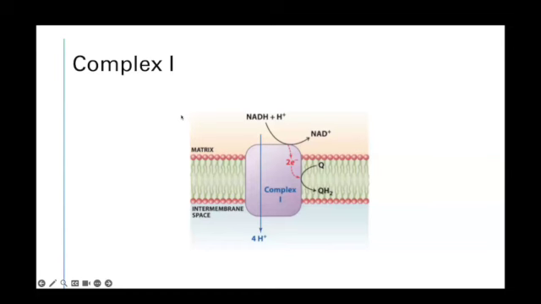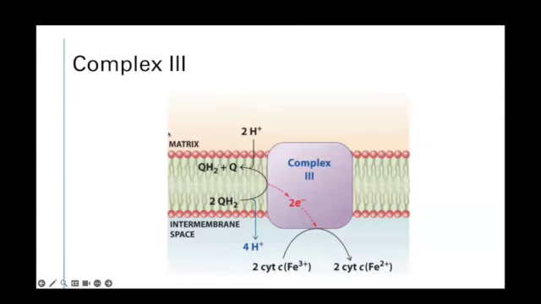Ubiquinone, however, can accept electrons from complex 1 and complex 2, NADH dehydrogenase and succinate dehydrogenase. However, only complex 1 contributes to the proton gradient. So even though complex 2 also gives electrons to ubiquinone to form ubiquinol, only complex 1 shuttles protons.